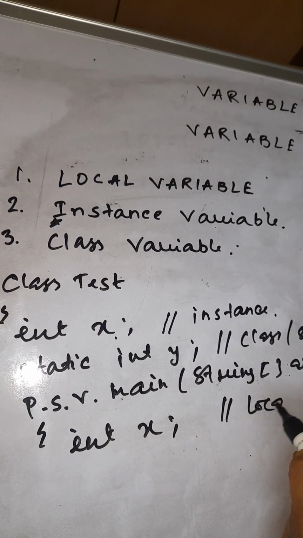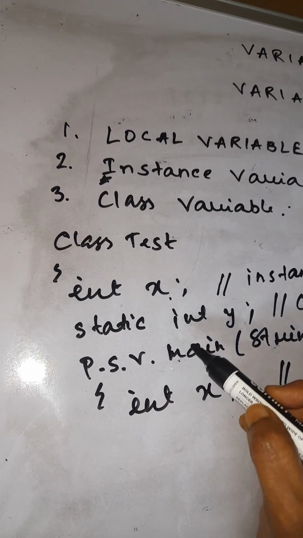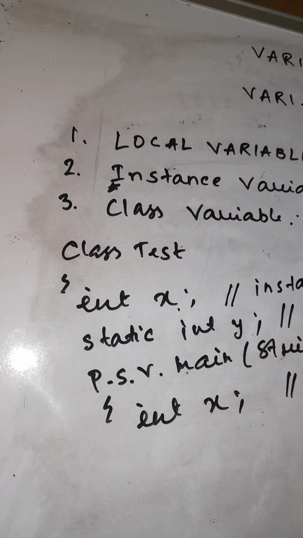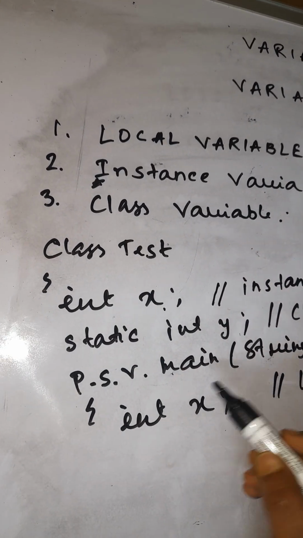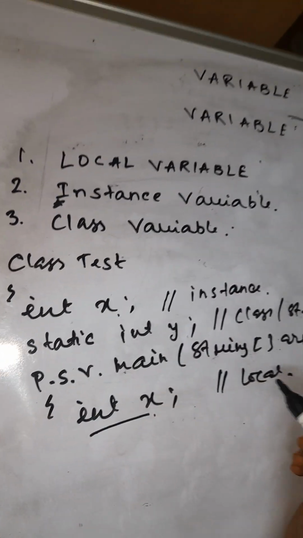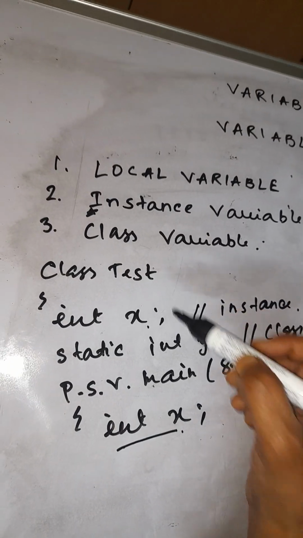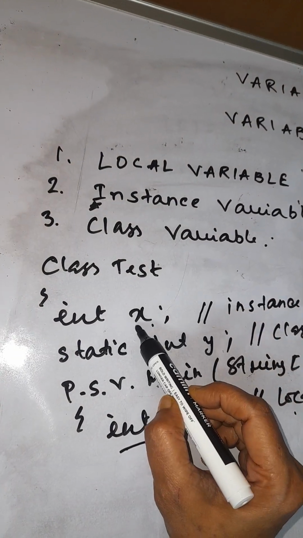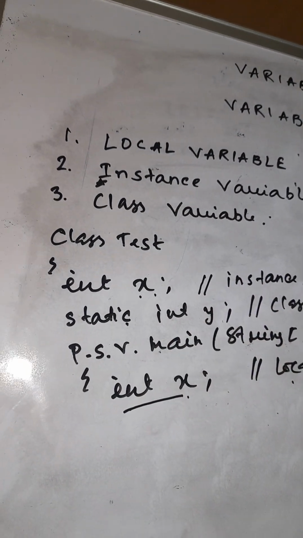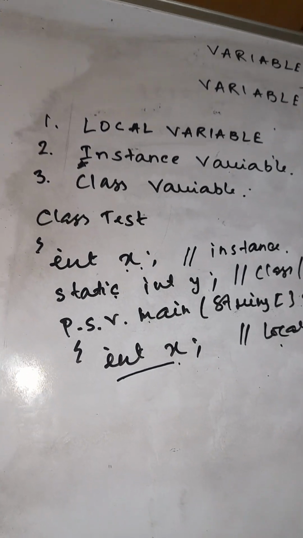So within the main function, any function or any certain block, a declared variable is known as the local variable. Within the class, it is known as the instance variable, and with the help of the static keyword, it is known as the static variable.